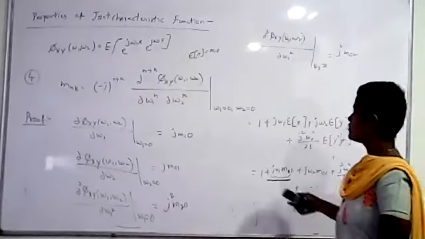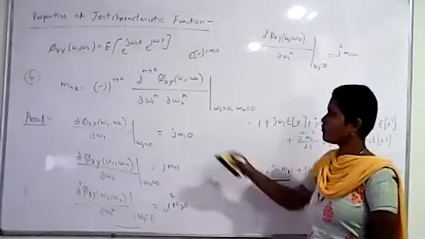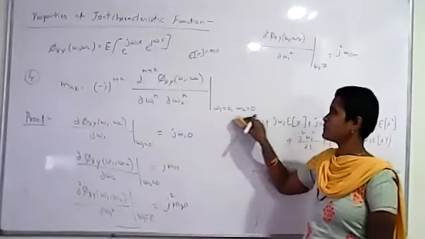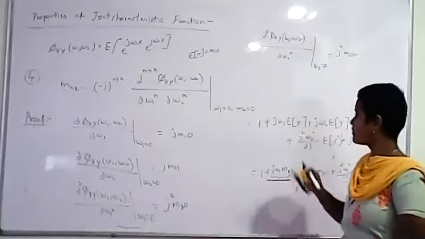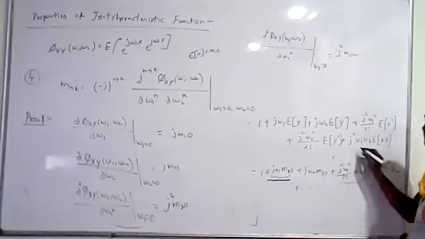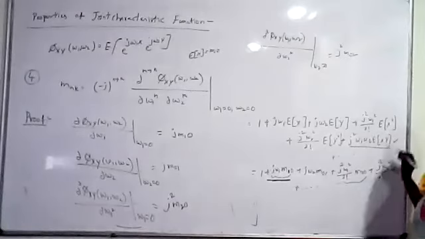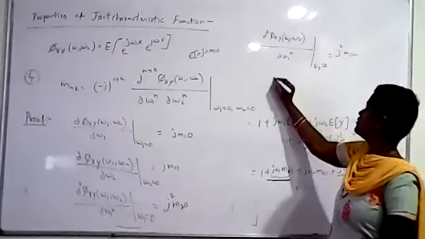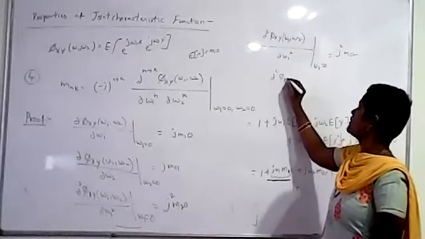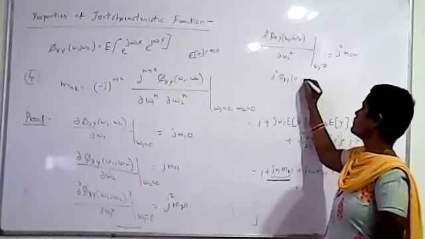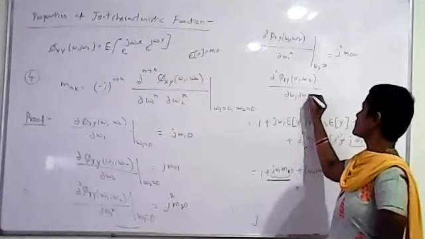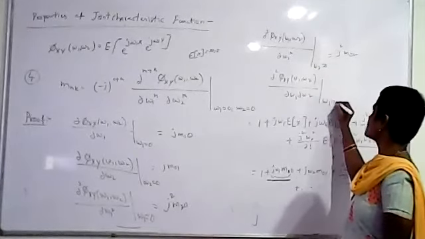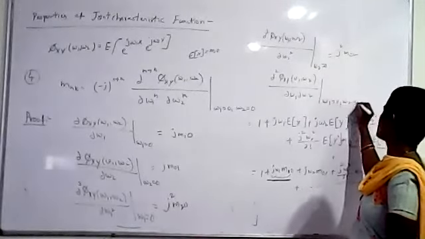We can also do partial differentiation with respect to both omega 1 and omega 2 and substitute omega 1 equal to 0 and omega 2 equal to 0, so that we get this one.